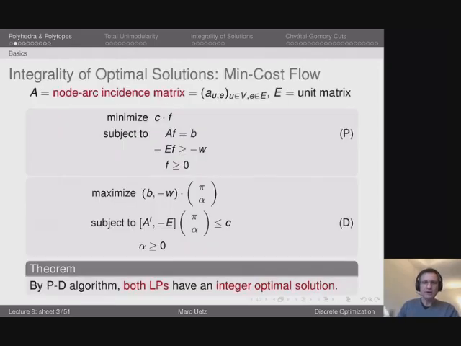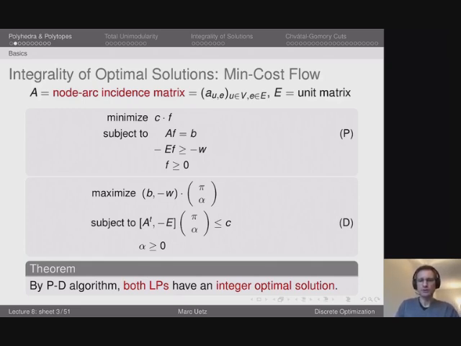Okay, so as a motivation to study all that, remember the minimum cost flow problem that we had in the last lecture. And as a matter of fact, by the algorithm that we constructed, which was the primal dual algorithm, we have seen that we always obtained an integer optimal solution.